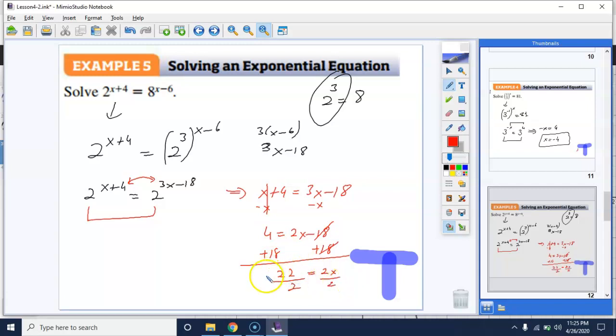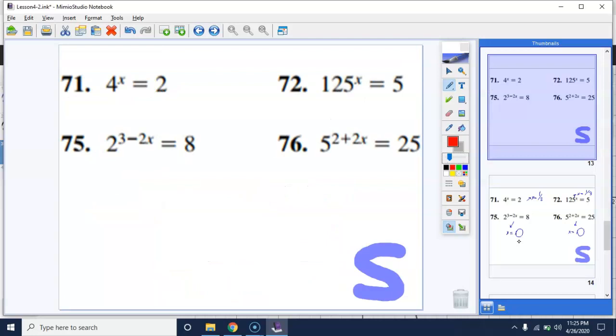Divided by 2, x equals 11, and that's my answer here. My basic goal is to get the same bases, and the rest is super easy. If you have the same bases, the top should be the same as well. At this point, guys, make sure you try these examples, and on the next slide you will see the answers. Please have a try first and then check your answer over here.